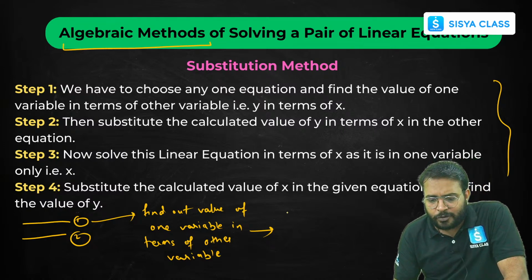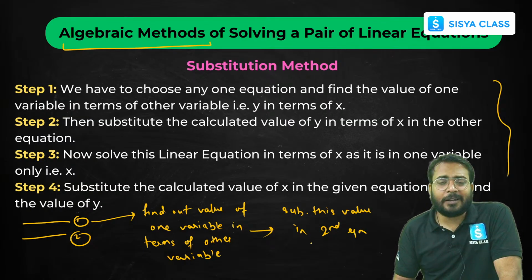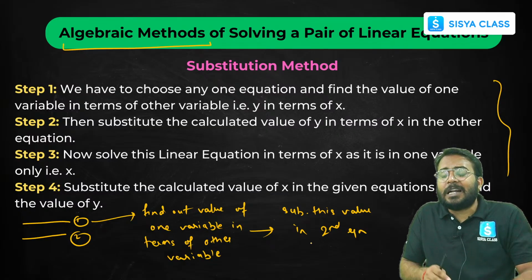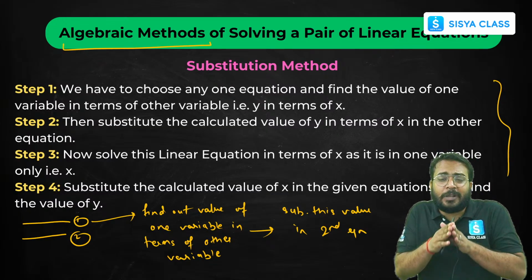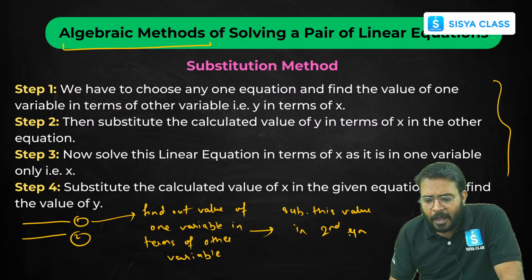Now substitute this value in your second equation. After substituting, you will see that the equation becomes an equation in only one variable, and you will get the value of that variable.